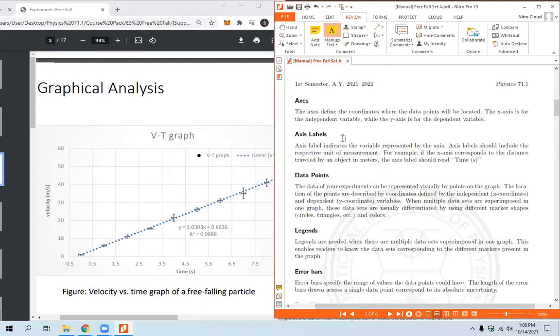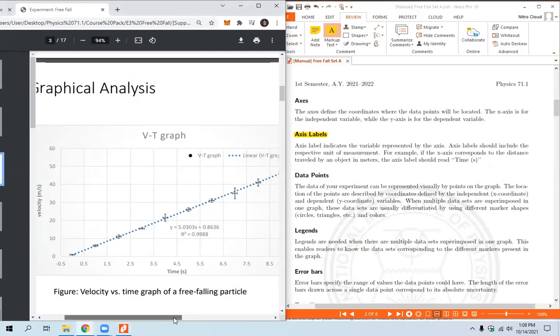So one important part of any graph na ipe-present ninyo, kahit anong field man lang yan, hindi lang physics, axis labels. So you want anybody na hindi alam kung ano yung research ninyo or anong ginawa nyo to instantly know what they're reading.